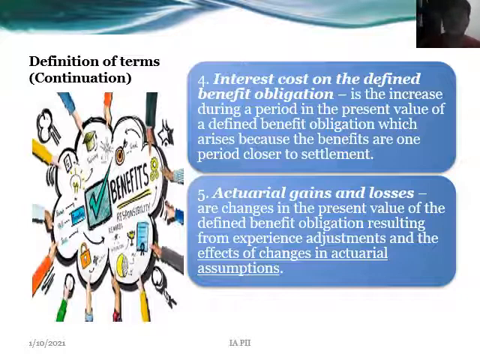So, it is subject to changes. Assumption nga. So, kapag iba yung pinagbasehan doon sa assumption, siyempre mag-iba. That's why it is normal na magkaroon dapat ng adjustment kasi nagkaroon ng changes sa assumption.